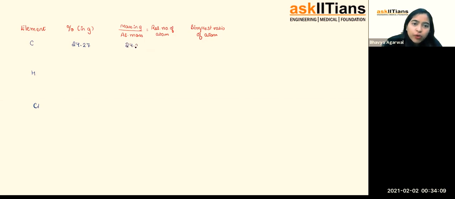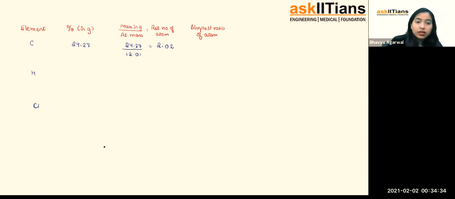So 24.27 divided by 12.01, which is the mass of carbon, to be very precise, right? So this value turns out to be 2.02.